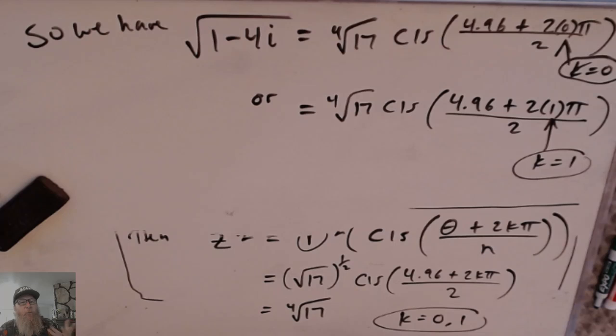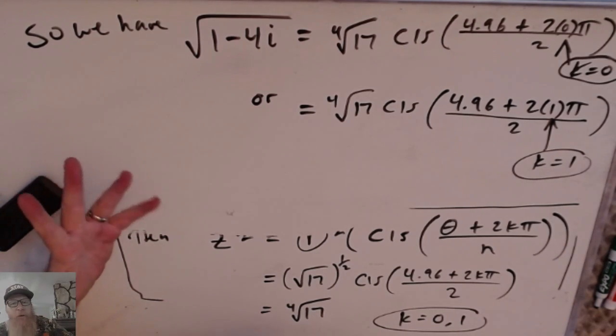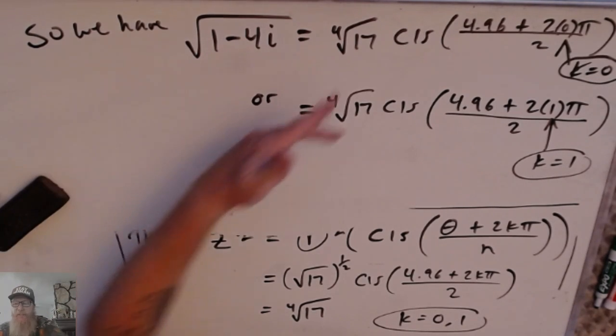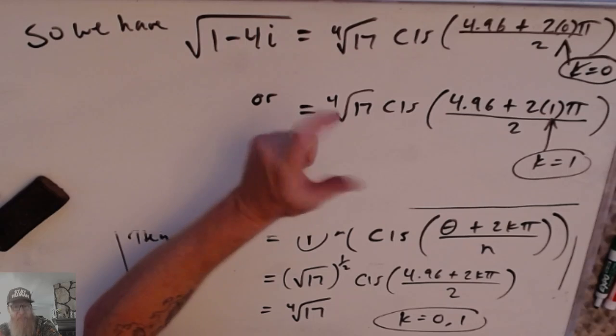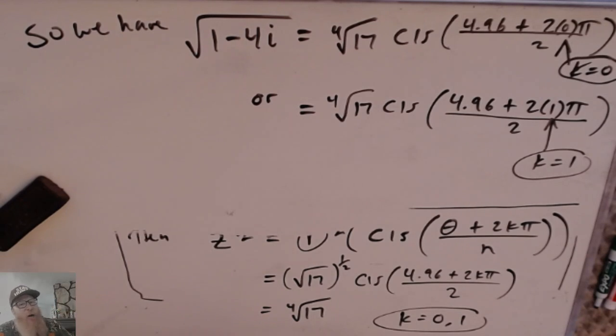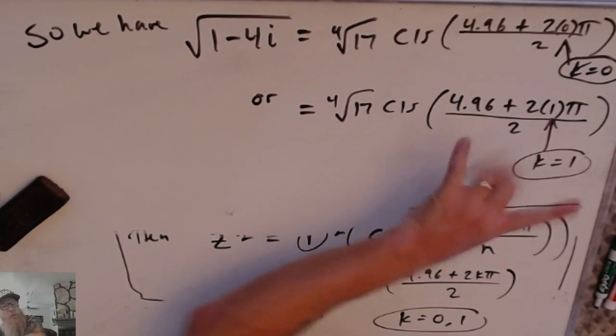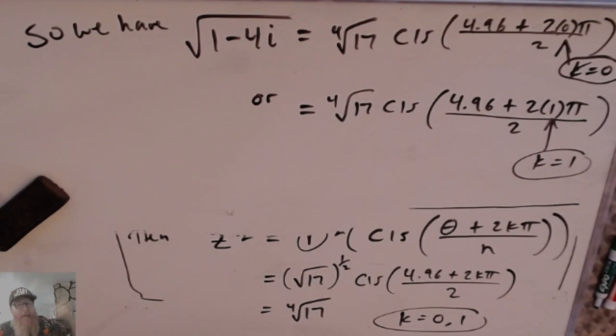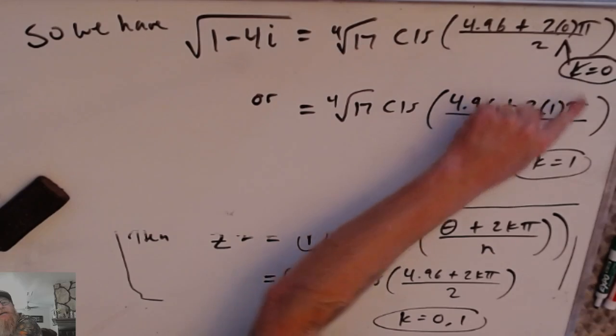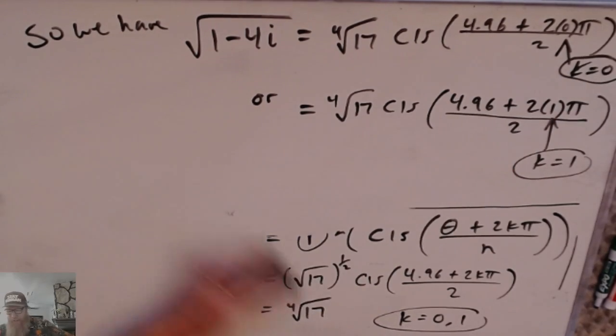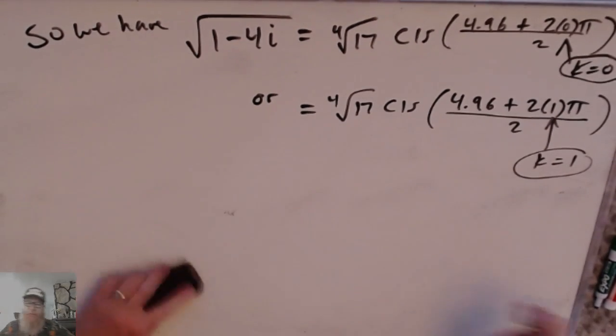So depending on what root you're doing, if you're doing a square root, it's pretty straightforward. This is analogous to the plus or minus. But in complex numbers, we don't have pluses or minuses. You just have angles. So this gives you two different angles, two different possibilities. You just do k equals 0 and k equals 1 and simplify these as much as possible.